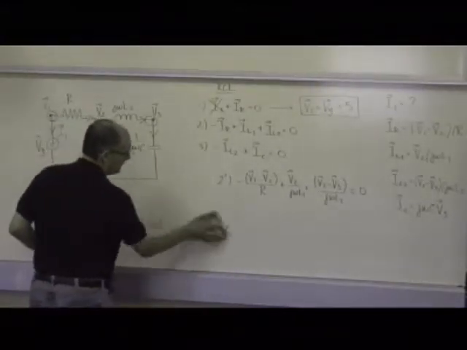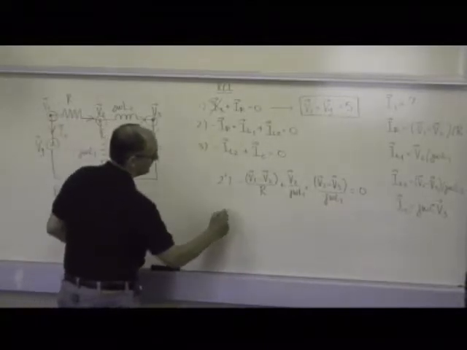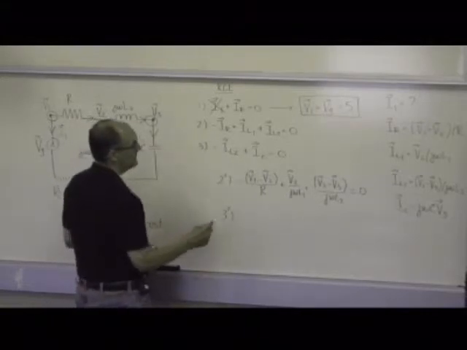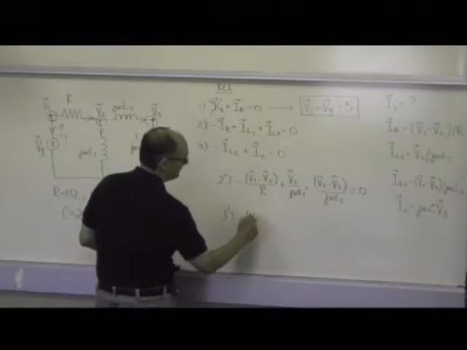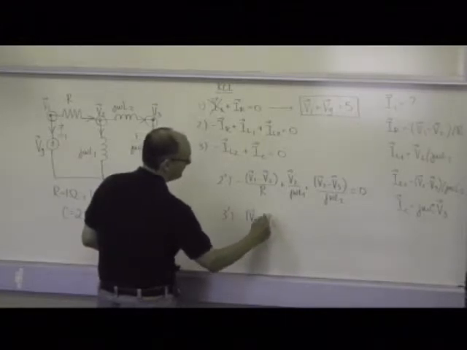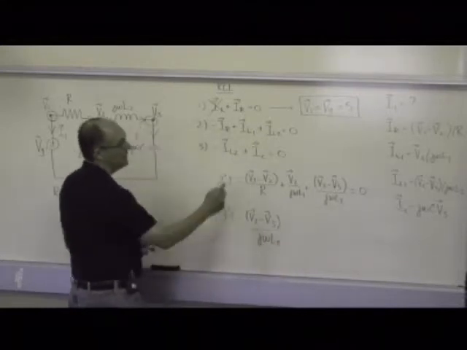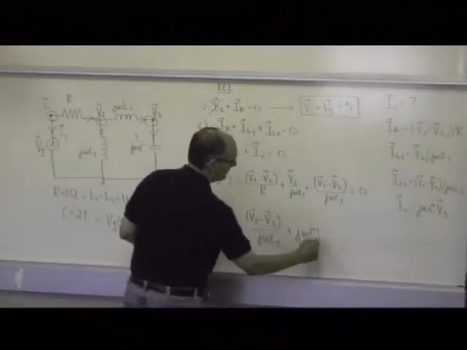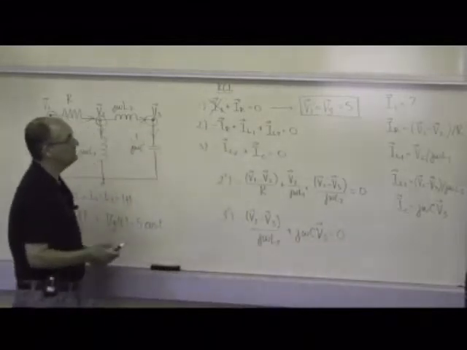And then equation 3 prime, where I substitute IL2 and IC, so minus IL2, minus V2 minus V3 over j omega L2, plus IC, j omega C V3, equals 0.